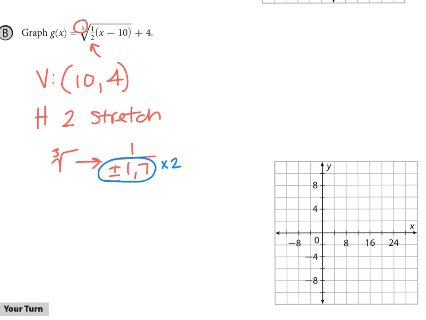So let's look at when we graph this. We're going to plot our vertex at (10, 4). And then we want to do rise 1, but we're going to run 2. So I'm going to rise 1, run 2, and this graph is counting by really weird things. And then I'm going to rise 1, run 14 this time. That's just going to land me right here. And then we're going to do the same thing the other way.